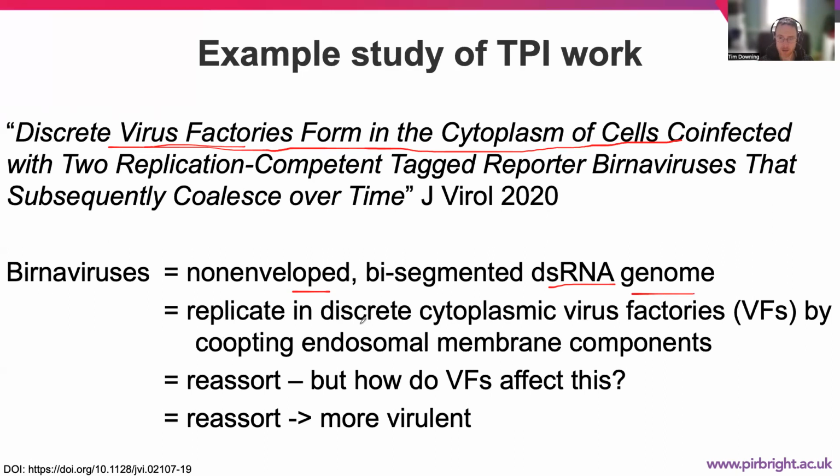They replicate inside virus factories in the cytoplasm, so the small compartments. To create them, they co-opt endosomal membrane components. These viruses are known to reassort, and that's a major concern because they make more virulent viruses, where it's unclear to what extent virus factories are involved in that process.